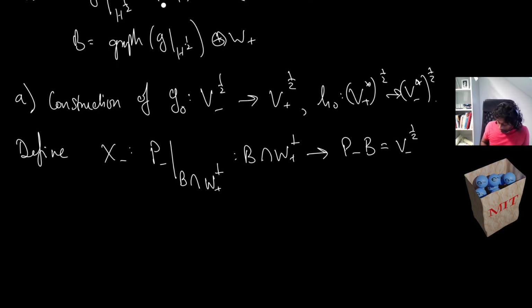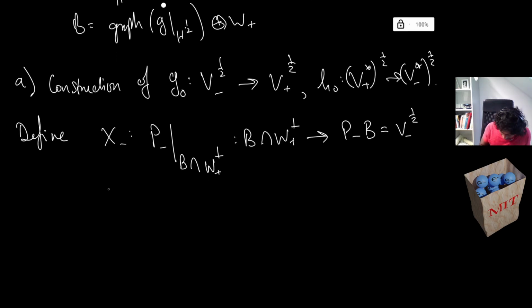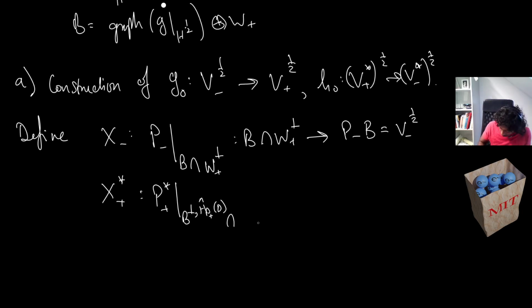Okay, and similarly, we define a map chi plus star, which takes us from P plus star restricted to B perp, H check P plus of D intersect with W minus star perp. So when I write the perp here, this is in L2, right? So maybe I should explicitly write this: perp L2.